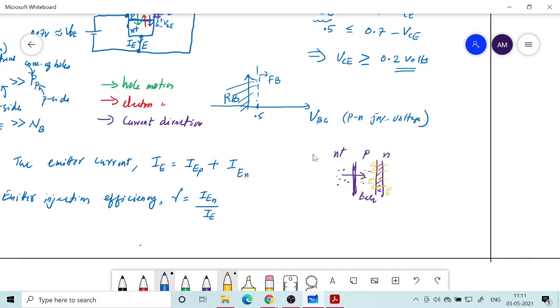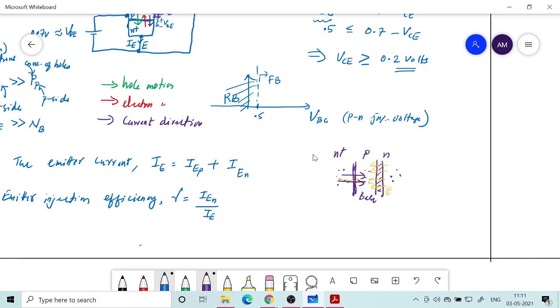So these electrons flowing into the base are minority carriers in the base region, because the base is P type. When they encounter this field in the depletion region between the base and collector, they will be swept by that field to the other side.